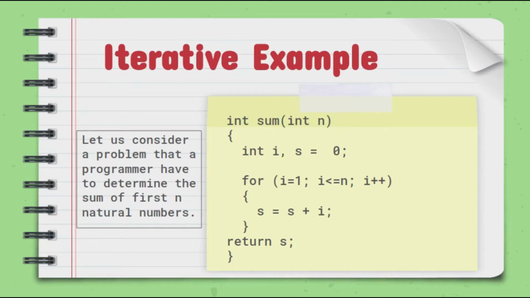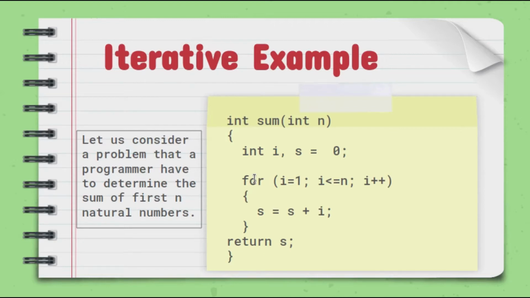So if we take an example, suppose that we have a problem where a programmer has to determine the sum of the first n natural numbers. We can have this function which can help us achieve that iteratively. Here we are actually using loops, the for loop. So this one is an iterative approach by means of loops.